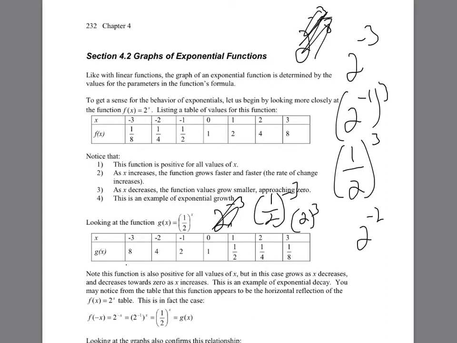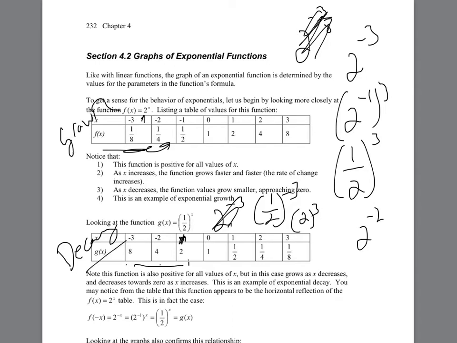Then 2 squared is 4, and 2 to the 1 is 2, so this starts big and goes down. This is exponential decay, and the other is an exponential growth equation. The base is smaller than 1 here, and the base is bigger than 1 there.